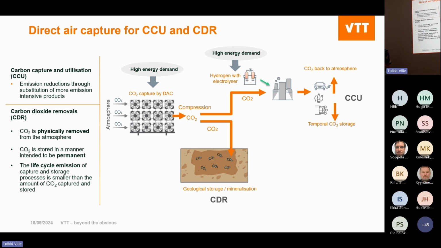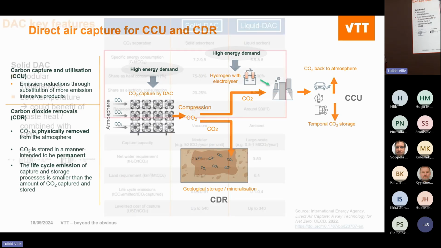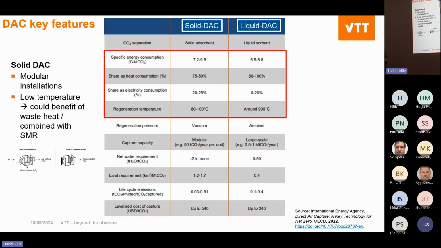And for the DAC process, the energy demand is very high because, of course, in the ambient air we have very low concentrations of CO2, so we need a lot of energy to capture that. We have two main types of DAC technology, solid DAC and liquid DAC. In solid DAC, we have a solid absorbent, which is then regenerated at low temperatures.